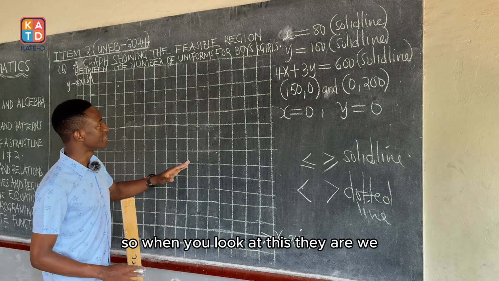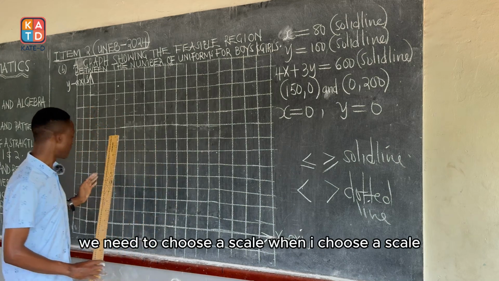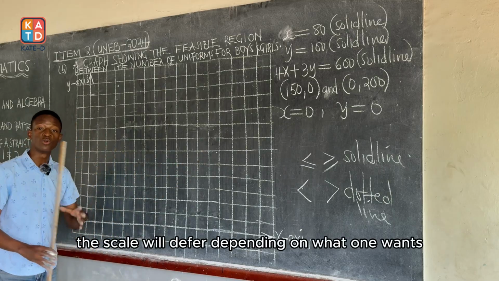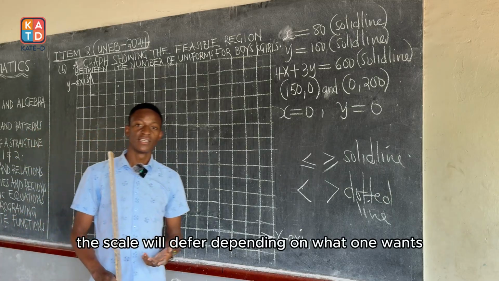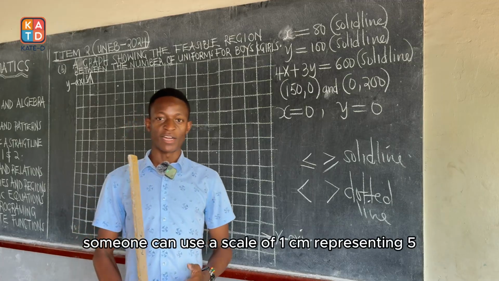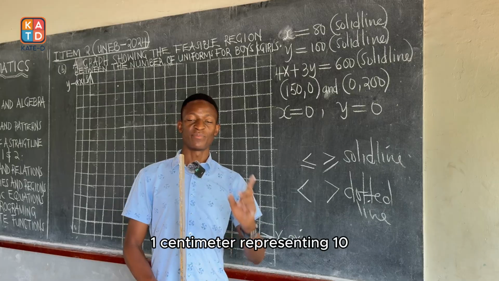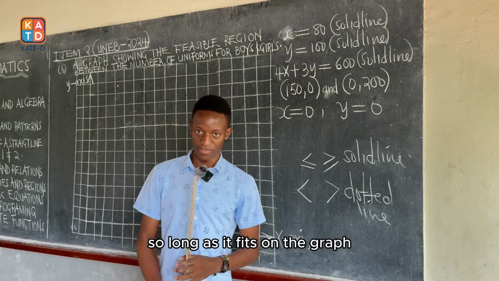So when we look at this, we need to choose a scale. When I choose a scale, the scale will differ depending on what one wants. Someone can use a scale of 1 centimeter representing 5, 1 centimeter representing 10, so long as it fits on the graph.